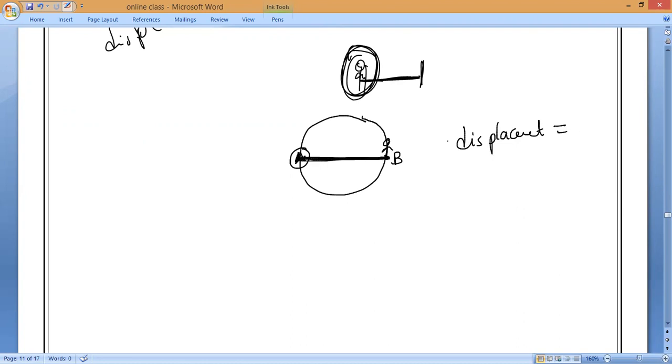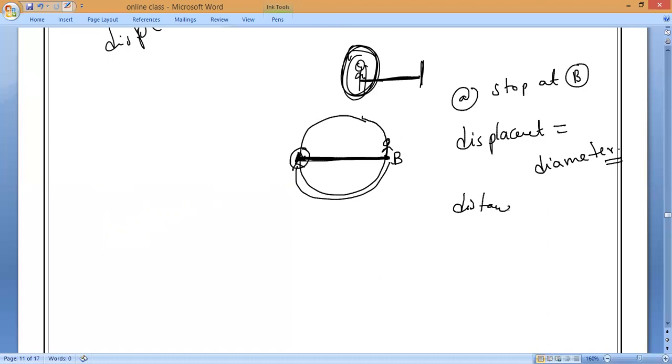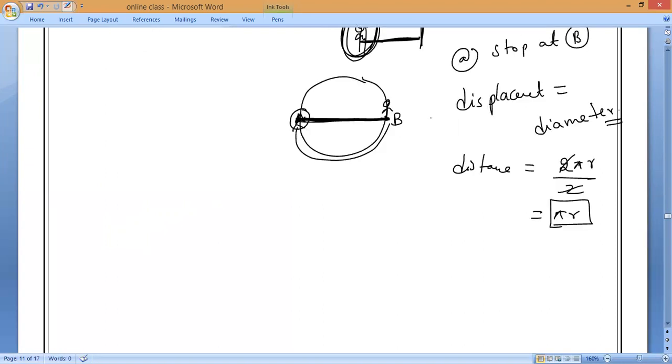Displacement, A to B, shortest distance, which is equal to the diameter. Do you understand? If we stop at point B, then the displacement is equal to the diameter. And the distance is equal to 2 pi r by 2. The 2 will get cancelled. Pi r is the distance when a person stops at point B.